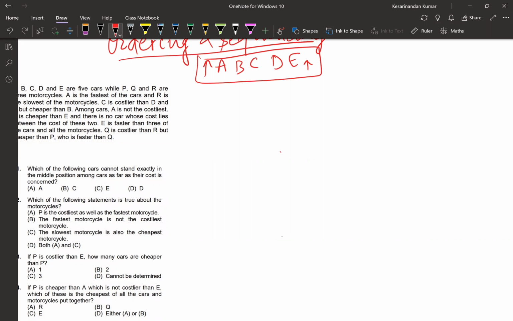The statements that would be given to you are: A is taller than C, E is shorter than B, B is immediately or just taller than C. And you might also have statements like the number of people shorter than C is equal to the number of people taller than D.